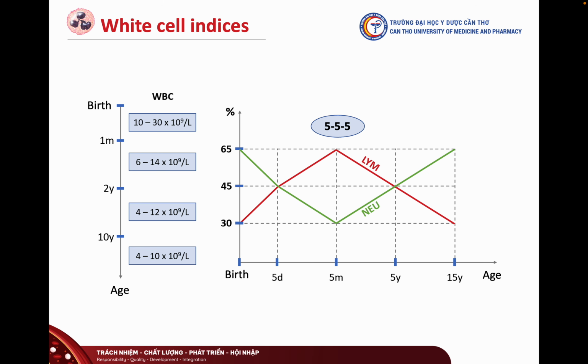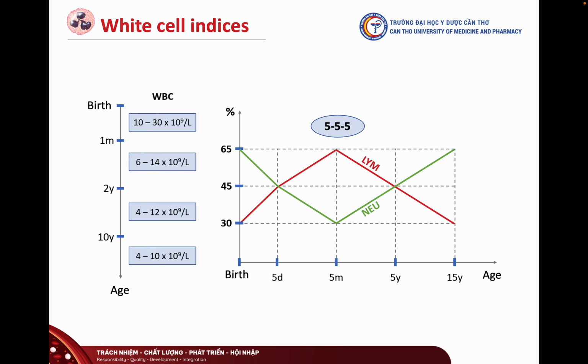Around day 5, lymphocytes start to increase, and by 5 months, lymphocytes are clearly predominant. Then, from age 5 to adolescence, neutrophils take the lead again. A simple way to remember this is the 5, 5, and 5. Day 5 is the lymphocyte catch-up, month 5 is the lymphocyte peak, and year 5 is when neutrophils take back the lead.